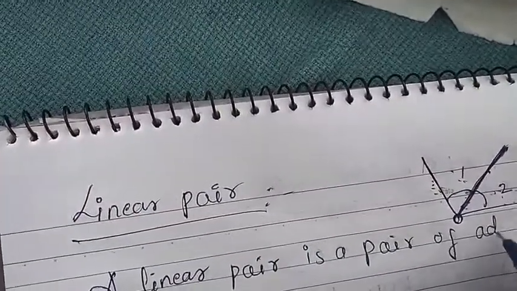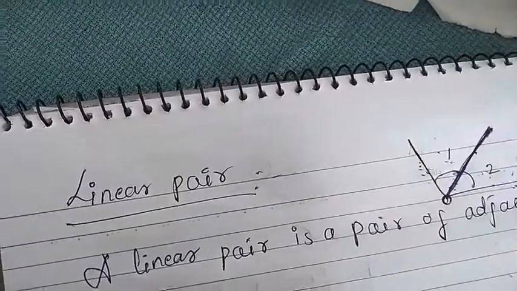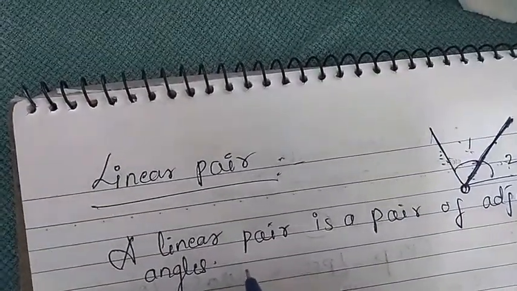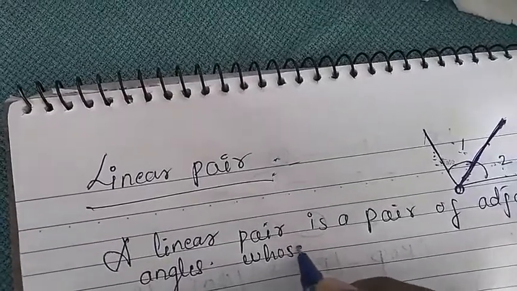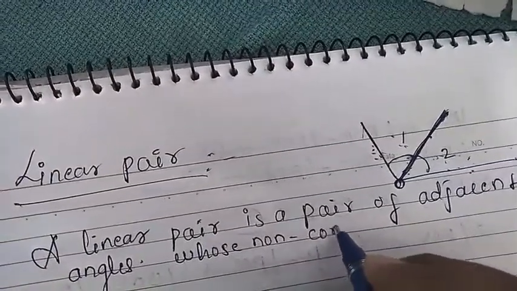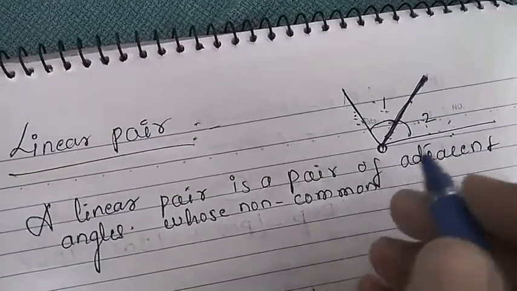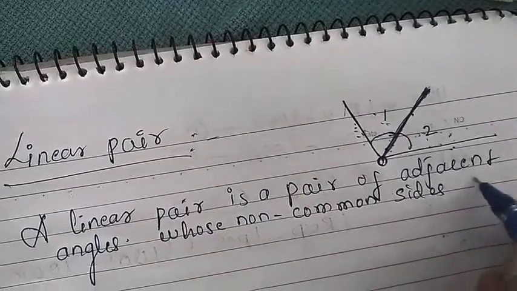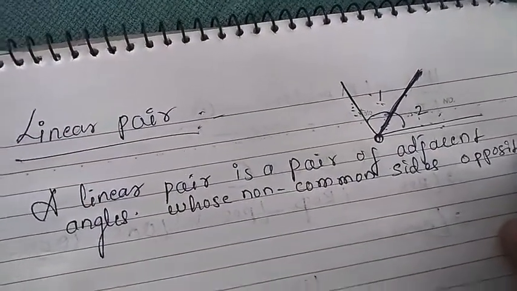See, I will write the definition. A linear pair is a pair of adjacent angles whose non-common sides are opposite.